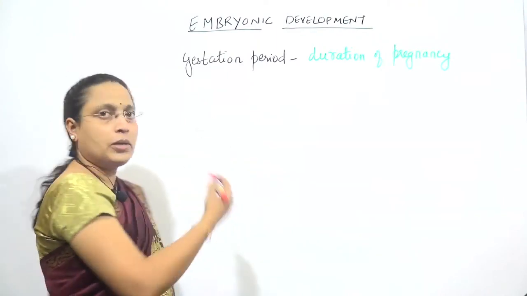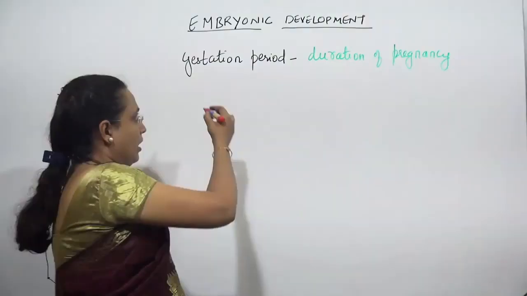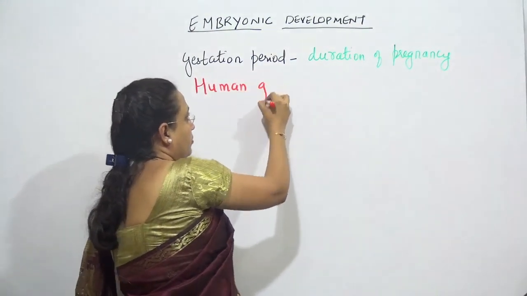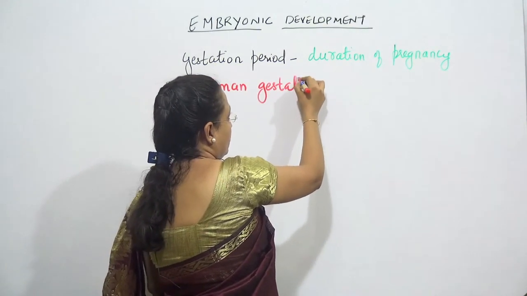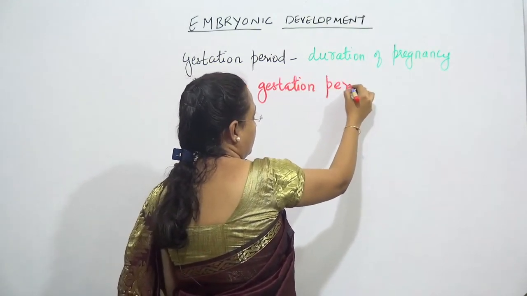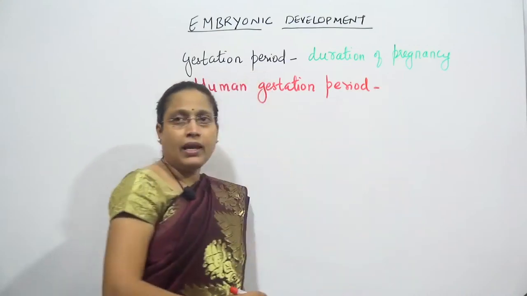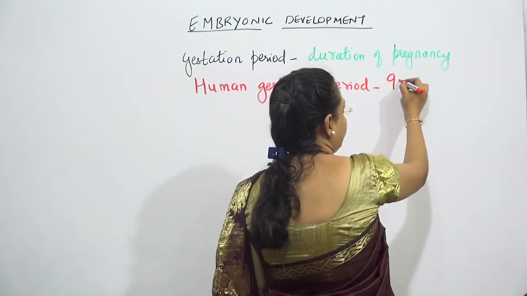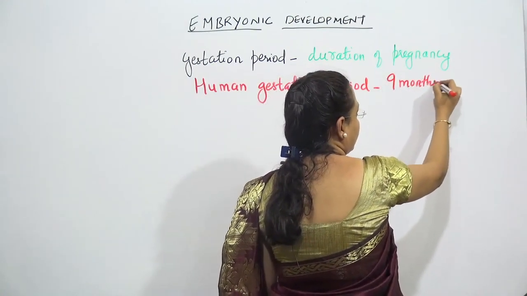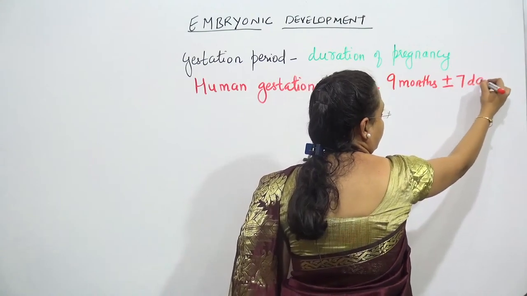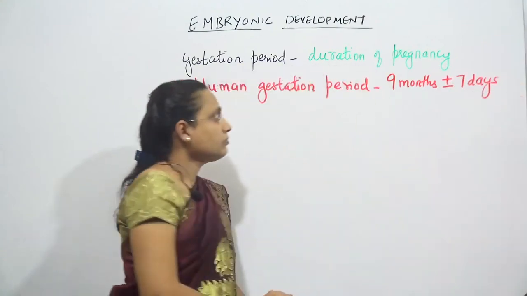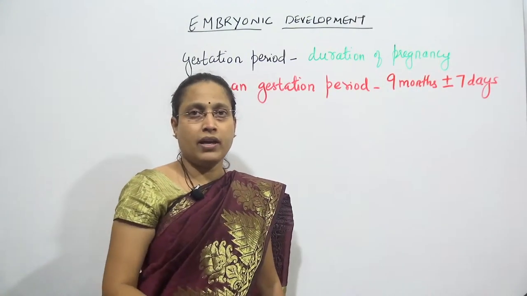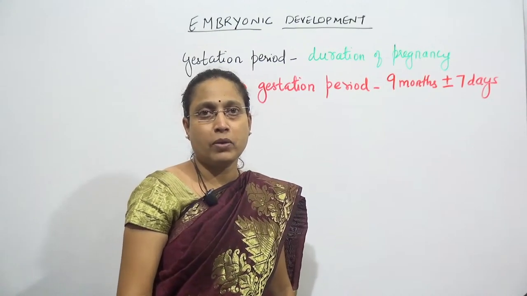So human gestation period will be 9 months plus or minus 7 days. That means during this period, embryonic development will be occurring and later on fetal development will be occurring.